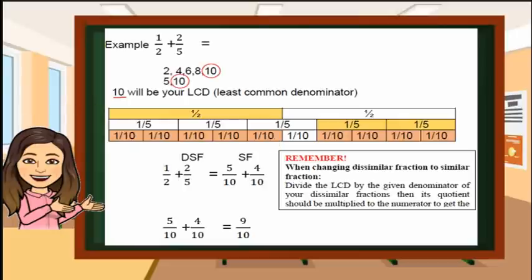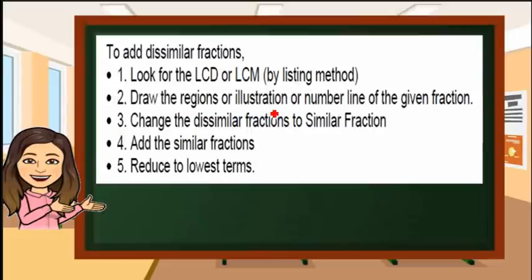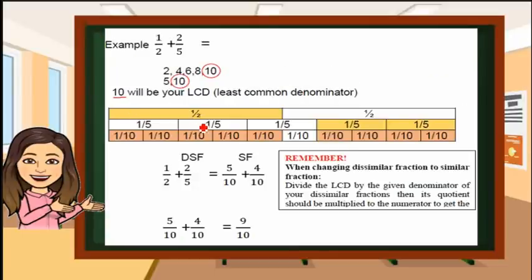Okay, so now, let us draw the regions or illustrate or number line of the given fractions. So we will use the fraction chart. We have here 1/2 plus 2/5. We'll be needing 2 1/5 for us to get 2/5, right?